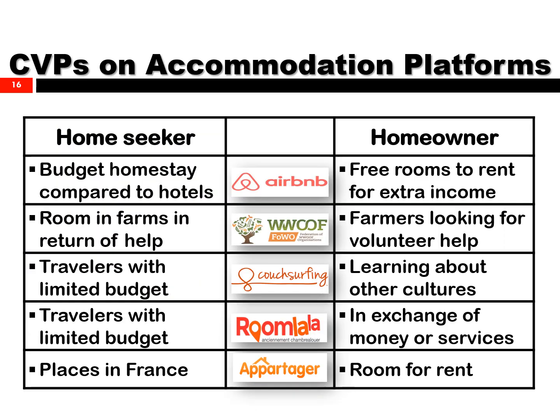I give it to you again, because I really want you to remember it and never forget it: for a P2P platform, for any two-sided market, you define your customer value proposition for two sets of clients, and sometimes even more. For example, look, this is for accommodation platforms like Airbnb.